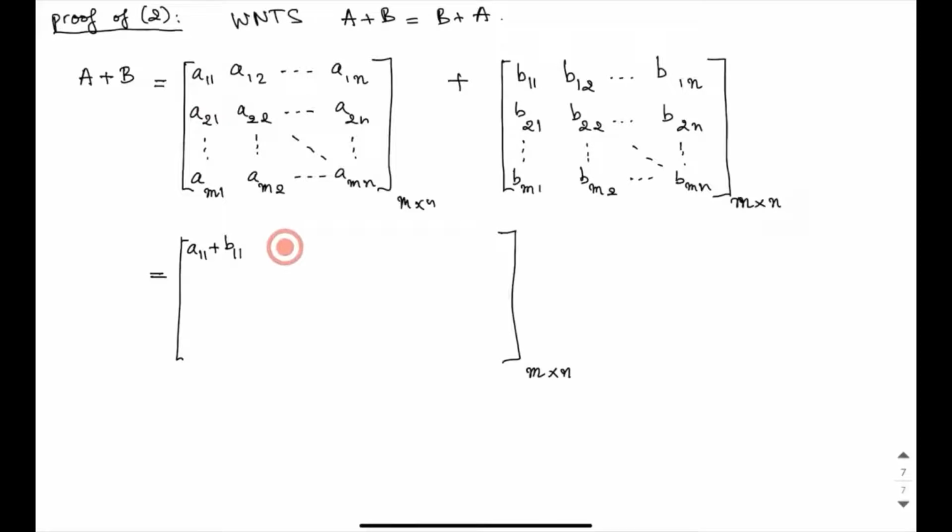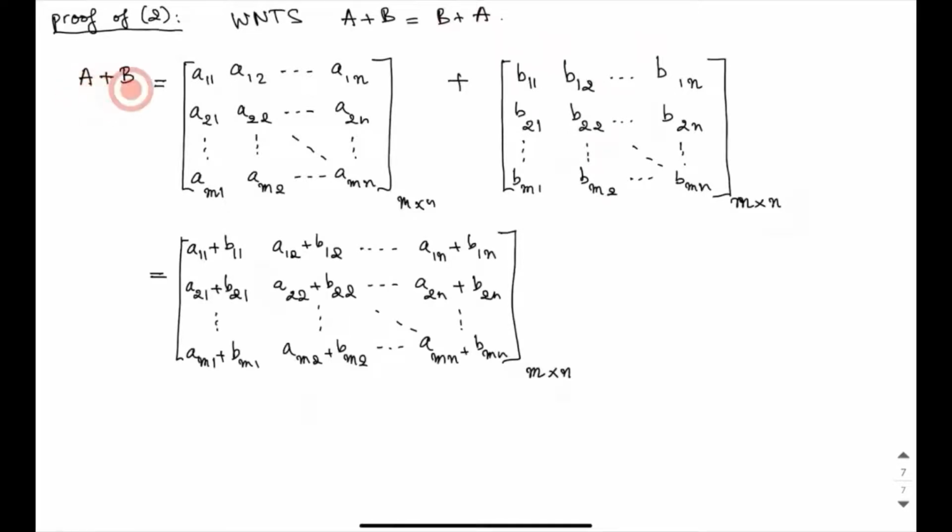For the first row, second column, we have A12 plus B12. And if you continue in this fashion, you get A1n plus B1n. Of course, it's just tedious work to write out all the entries.